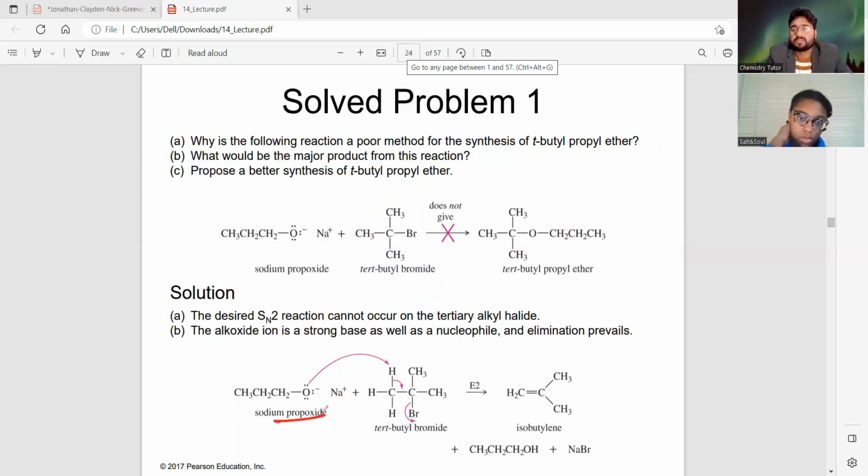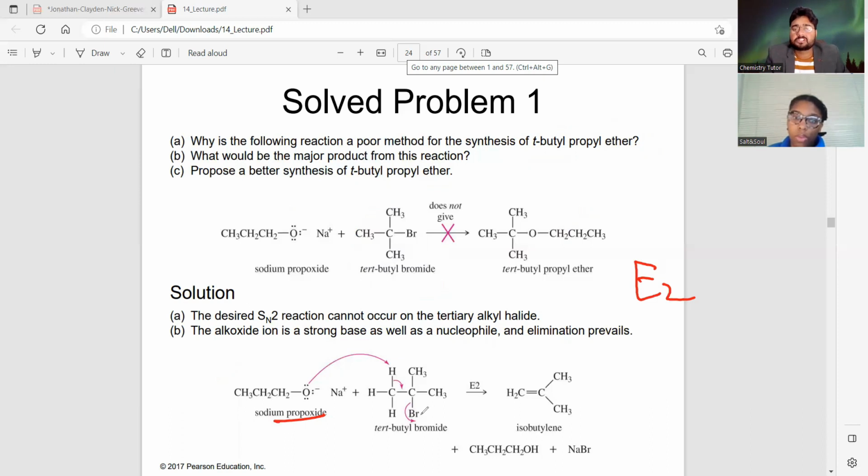This is a very strong base. If the base is strong, then an elimination reaction will take place, particularly E2 elimination. If the base is strong, it always abstracts a beta hydrogen.